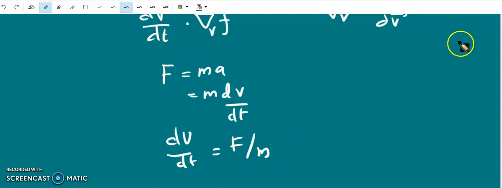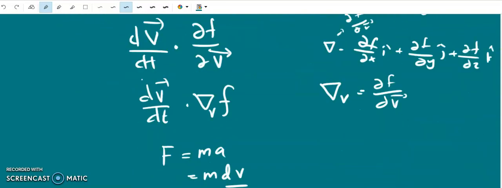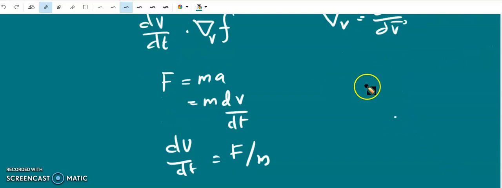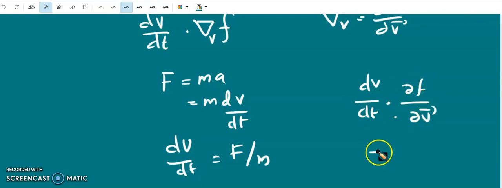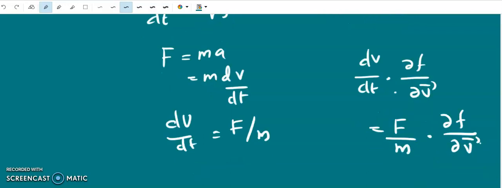So dv by dt equal to F by m. So we can replace this term, dv by dt dot dou f by dou v, as F by m dot dou f by dou v. Okay, F is the total force acting on the system. So the last three terms are equal to F by m dot dou f by dou v.